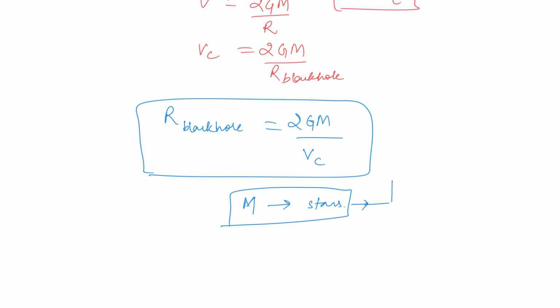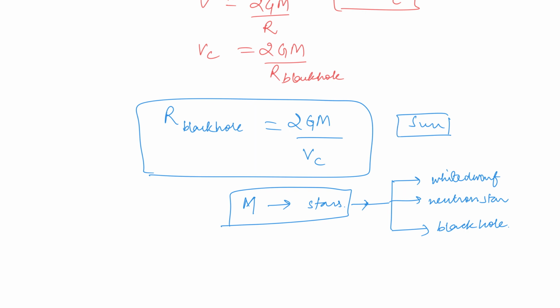Actually there are 3 stages of stars: the white dwarf, neutron star, and black hole. Since our sun is also a star, the criteria for defining what will happen if the star explodes or dies is that it changes into these 3 forms: the white dwarf, neutron star, or the black hole.